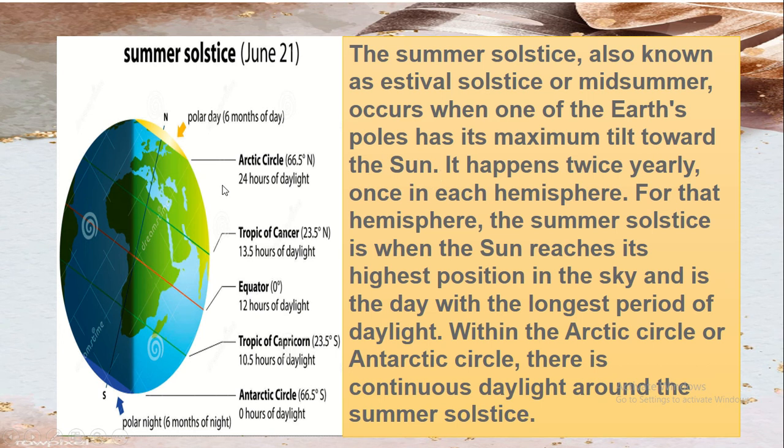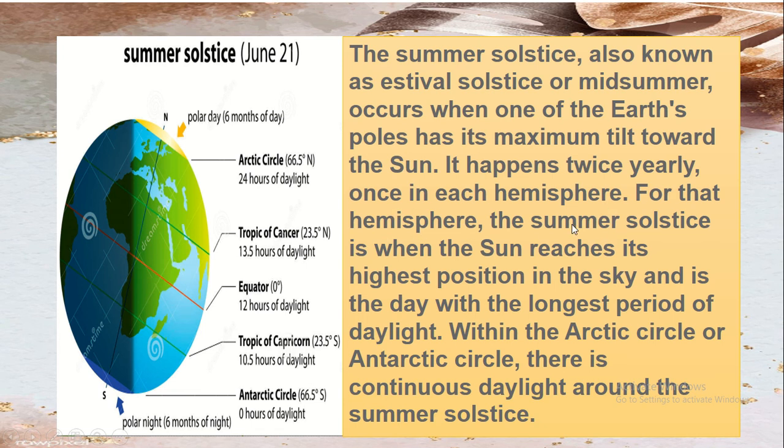So in the northern hemisphere, on 21st June, from the Arctic Circle up to North Pole, that means 66.5 degree up to 90 degree, these countries experience the summer solstice, and it happens twice yearly, once in each hemisphere.